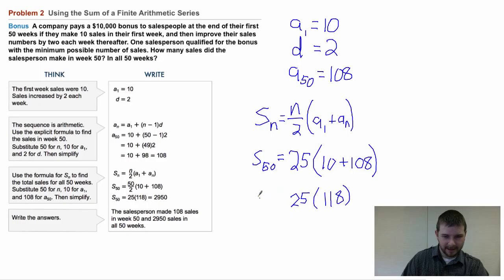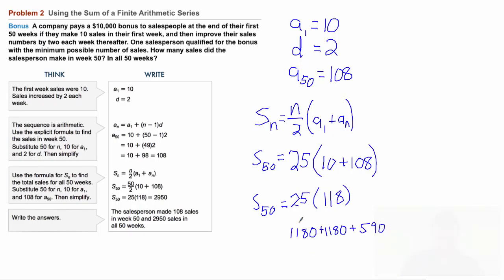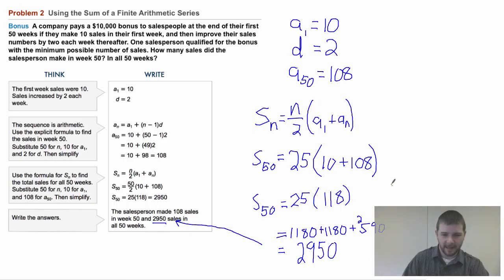Not quite as easy to do mentally as some of the problems we've seen recently. But with a little bit of distributive property, this shouldn't be that difficult. I'm going to think of 25 as 10 plus 10 plus 5. So there are 10, 20, 25 of our 118s that we're trying to find. The sum of our first 50 weeks worth of sales is 2,950, and a quick confirmation shows that is correct.